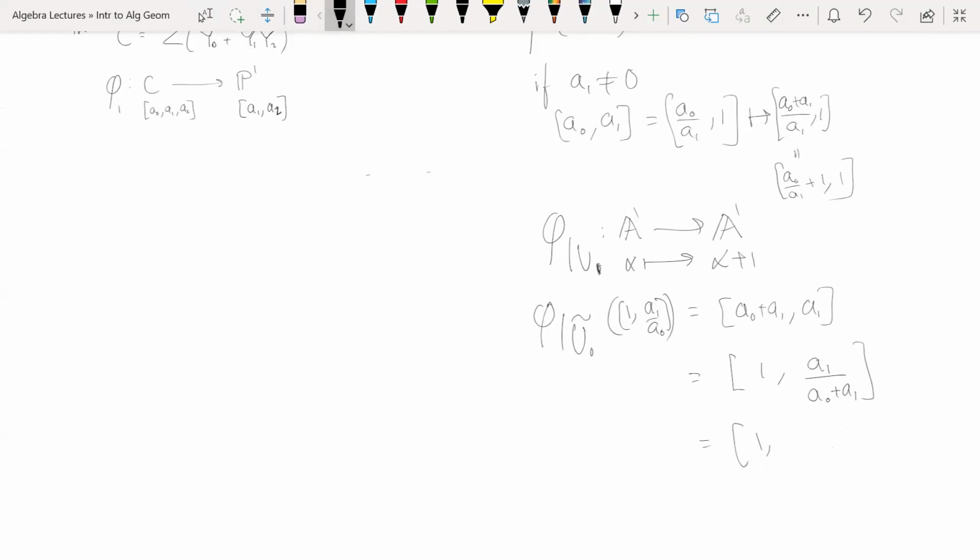So divide both numerator and denominator by A0. A0 is non-zero, so we can do that. So this is A1 over A0 over 1 plus A1 over A0.